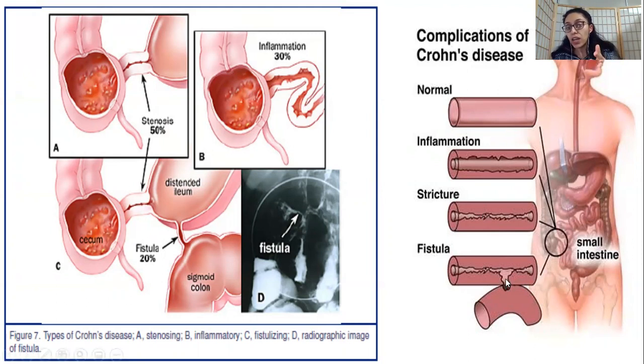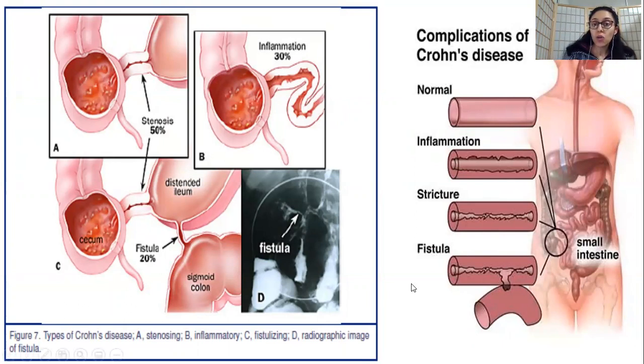So now you have fistulas happening. So now you have content which is going directly from your small intestine to your large intestine, say from the duodenum to the large intestine, or from the ileum to the large intestine. So there are these abnormal tunnels happening which shouldn't be happening.